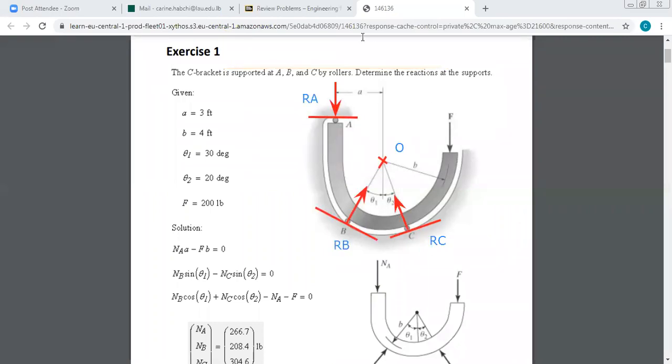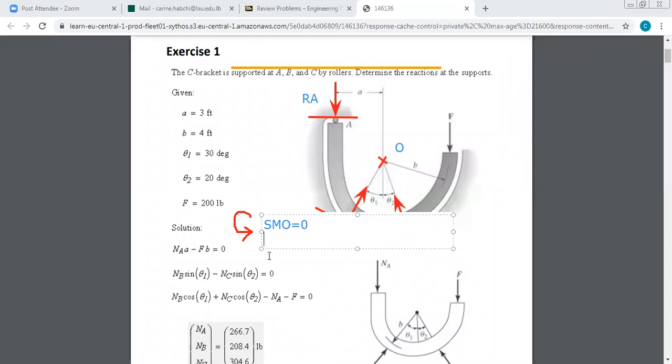First I should select a positive direction. I can consider, for example, that the counterclockwise is positive. So I will put this. I will say this is my positive direction, the counterclockwise. Then if I do sum of moments about O, what do I get? Sum of moments about O equals to 0. I have the reaction at A, so RA times which distance should I multiply by?